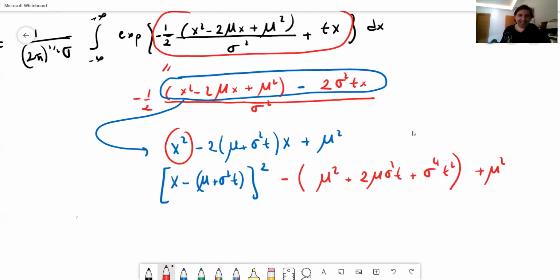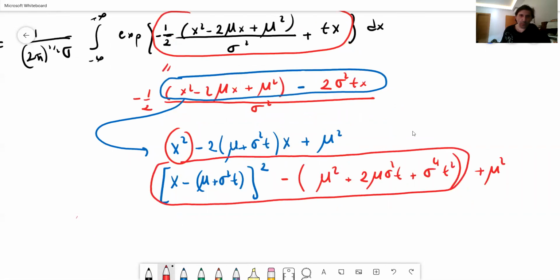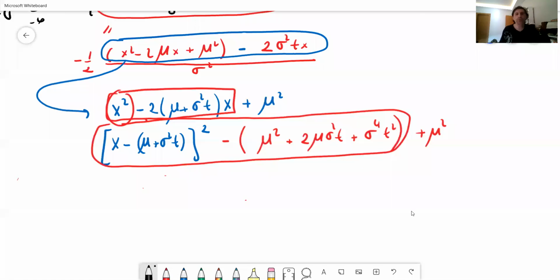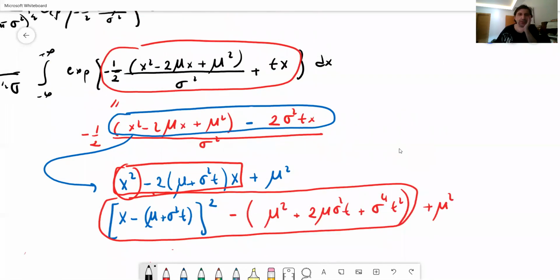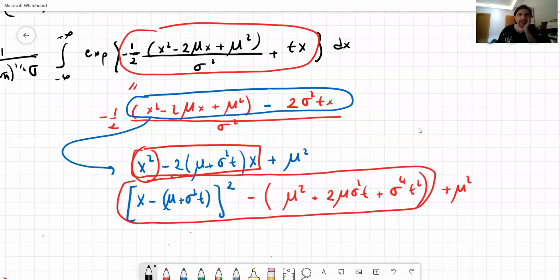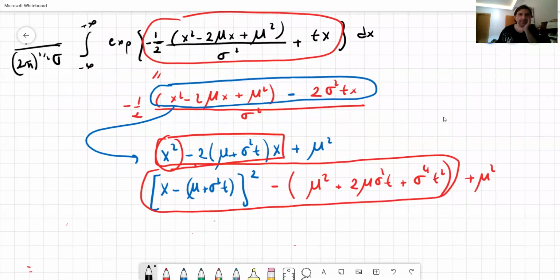So these terms will correspond to those first two terms here, right? And there's going to be an additional term. What I'm going to do is place these terms into our exponential, and let's see what we are going to obtain.